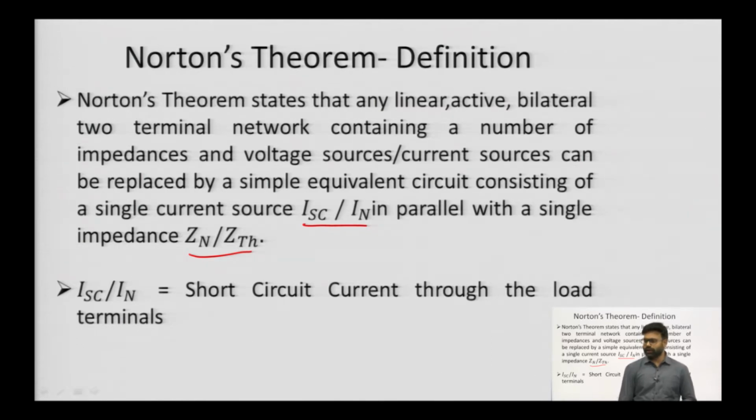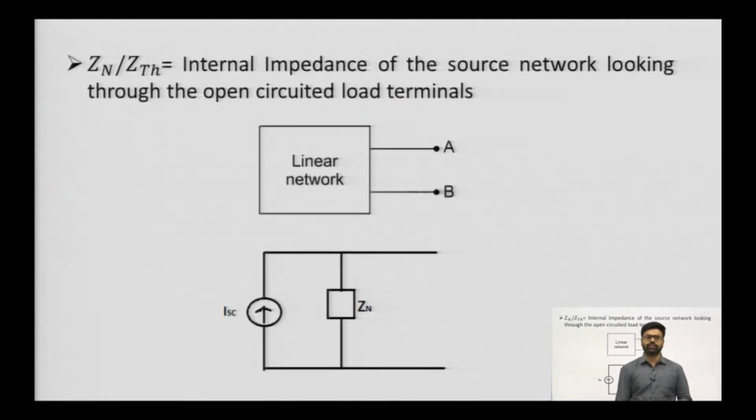ISC or IN is the short circuit current, or Norton's current, and Zn or Zth is the internal impedance of the source network when looking through the open circuited load terminals. So, for example, a linear network can be converted into a current source in parallel with an impedance.